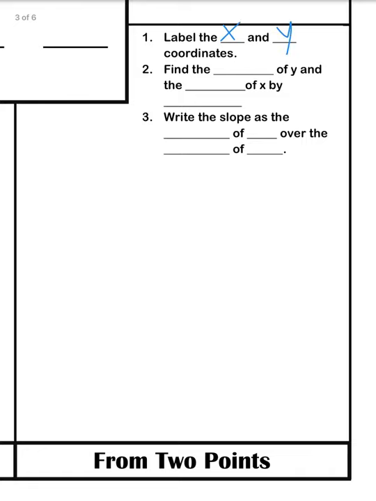Once we have done this, we can find the change of y and the change of x by simply subtracting. What I mean by this is we are going to get to a point where we are learning and knowing the slope formula. And what I would like you to do is write that down in your notes here.